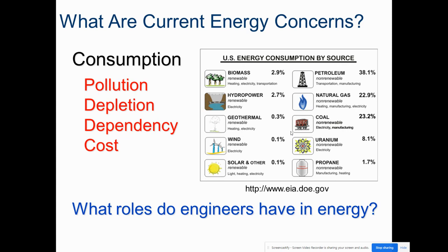So what are current energy concerns? Obviously, pollution, depletion, dependency, and cost. You can see that our consumption, although this is probably a little older, is still way too dependent on petroleum, natural gas, and coal.